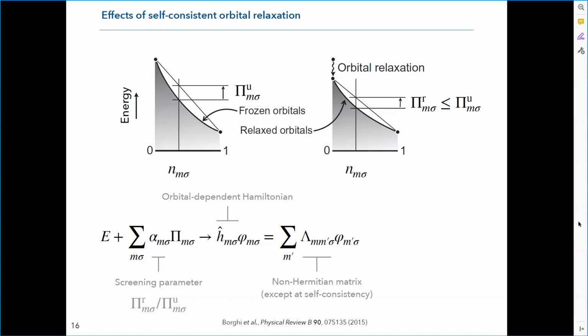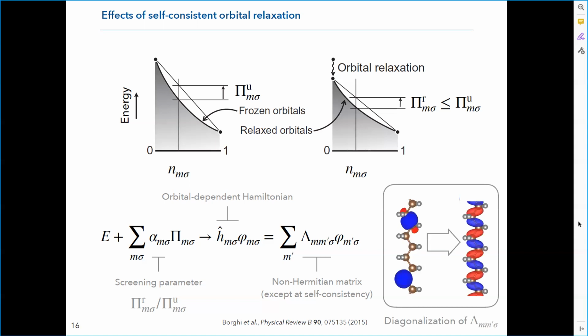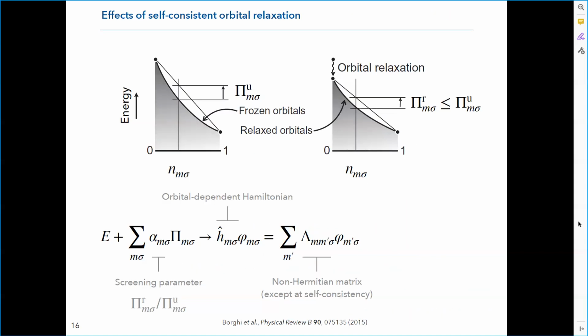So then what you can do, and that's something that is very important, is that the derivative of the energy with respect to the density matrix gives you the Hamiltonian. And this Hamiltonian now becomes orbital dependent because the correction depends on the orbital, because for each given orbital in the system, you're calculating a different deviation from linearity.